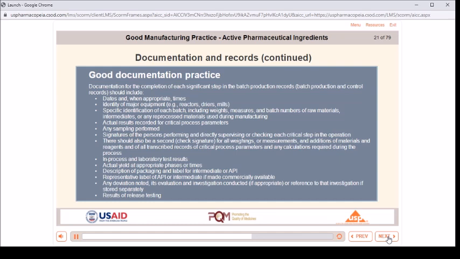In-process and laboratory test results, actual yield at appropriate phases or times, description of packaging and label for intermediate or API, representative label of API or intermediate if made commercially available, any deviation noted, its evaluation and investigation conducted if appropriate, or reference to that investigation if stored separately, results of release testing.